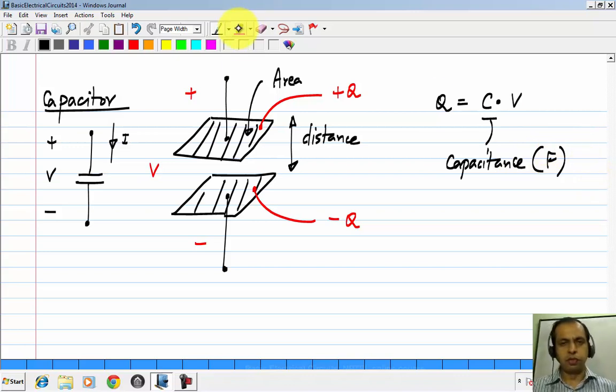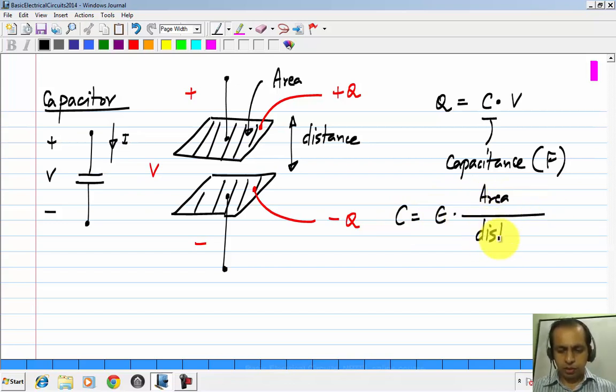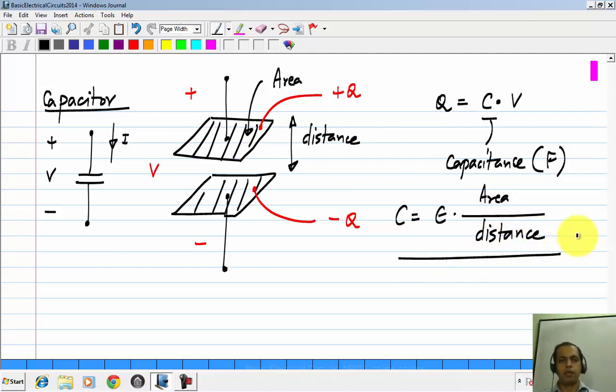So if you have a 1 farad capacitance and you apply 1 volt across it, there will be 1 coulomb of charge on each of the plates: plus 1 coulomb on the plate connected to the positive side of the voltage, and minus 1 coulomb on the other plate. And this C itself is given by some permittivity times area divided by the distance.